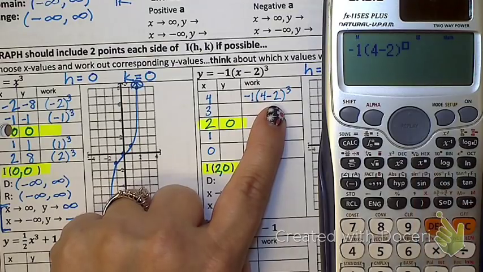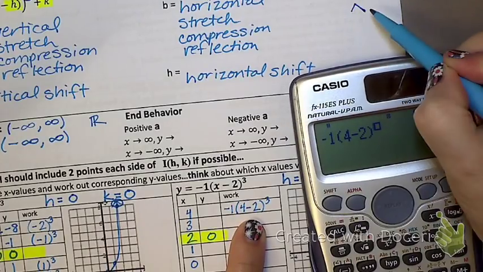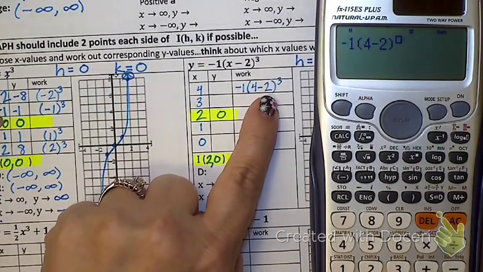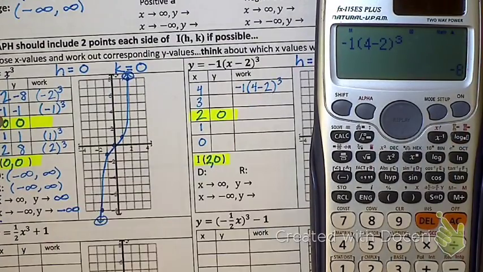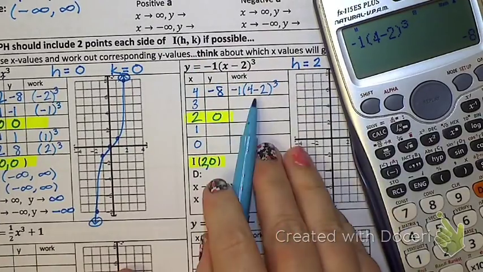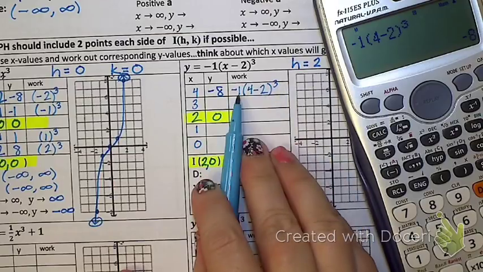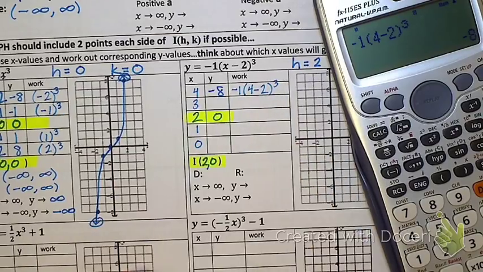On a lot of calculators, it's a little button that looks like this. That's your exponent button. Okay, to the third power, and hit enter, and I get negative 8. Let's check that. 4 minus 2 is 2, to the third is 8, times negative 1 is negative 8. Okay, so I know I put it in right.